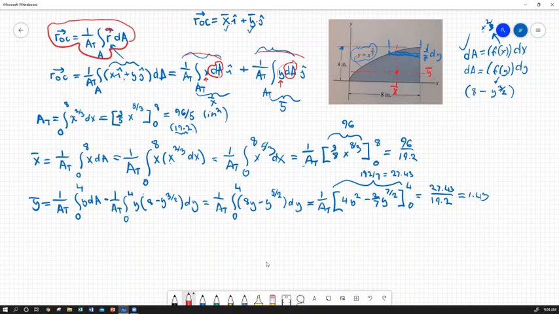Because in this case, for y centroid, we're defining, hey, how far is this differential element? Well, the whole differential element has to be at the same y. So there's the trick, is expressing our differential element such that it can all be at the same distance in any one of the orthogonal directions we're thinking about.